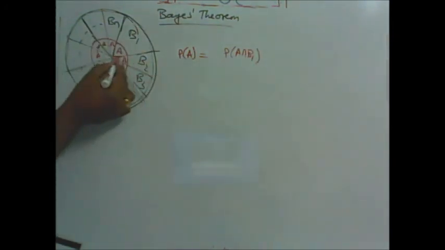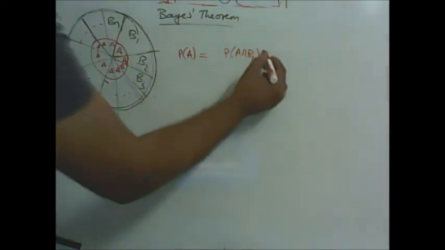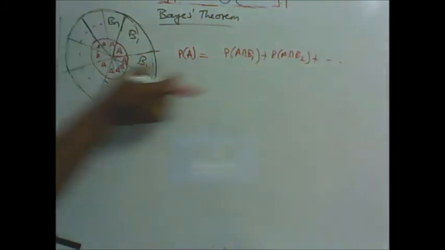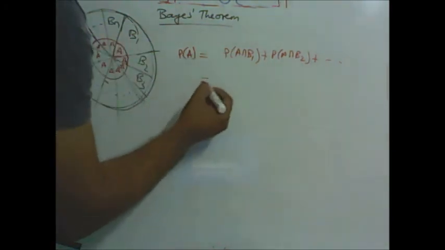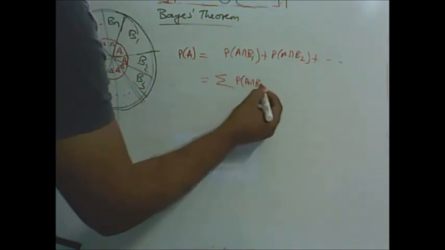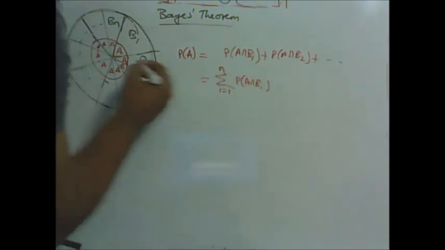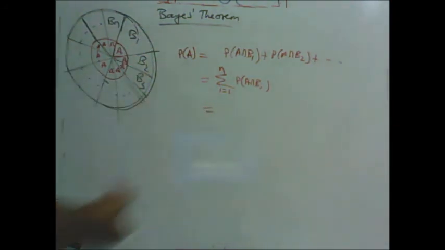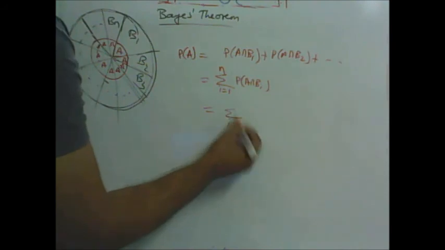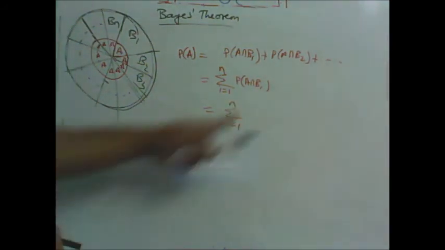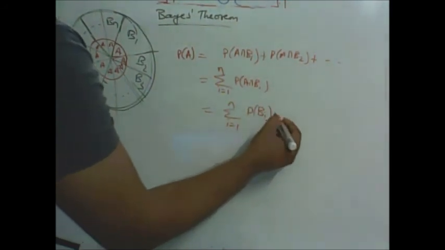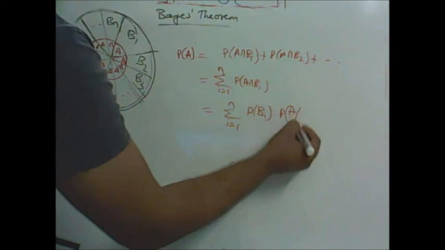Similarly, P of A intersection B2, plus so on. Each part we add. In short, we can write sigma P of A intersection Bi, where i equals 1 to n. As these are dependent, we can write them as P of Bi into P of A given Bi.